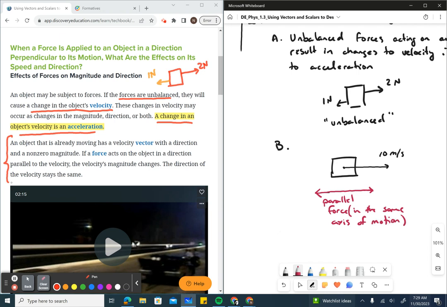What will be the result if you apply a force either to the right or to the left? Will it change direction? No, it won't change direction. Will it affect the speed? Yes, it will affect the magnitude, the speed.